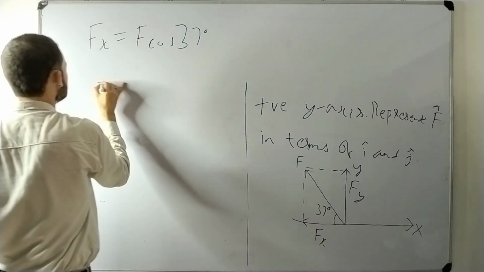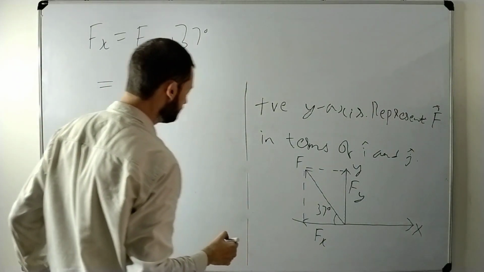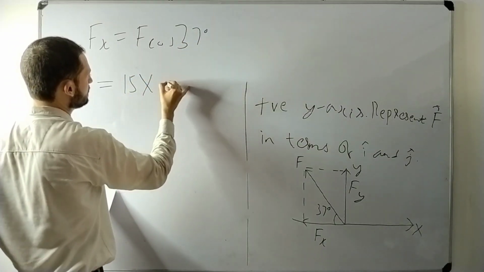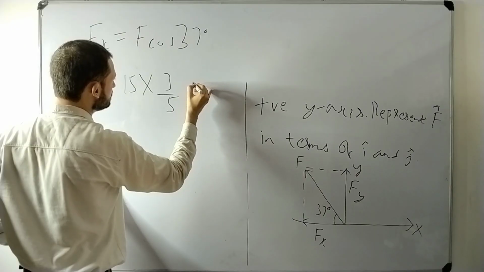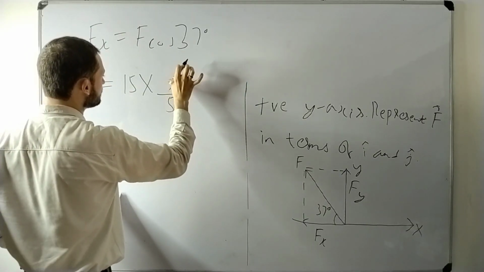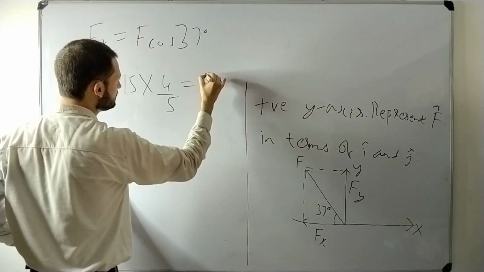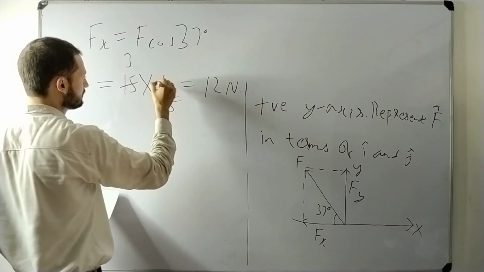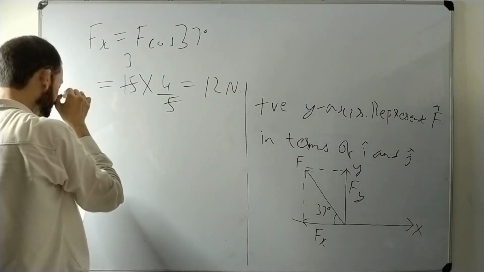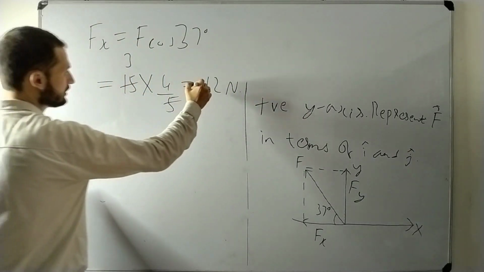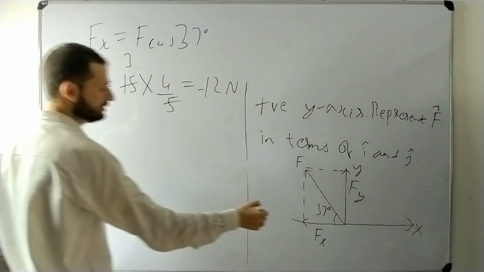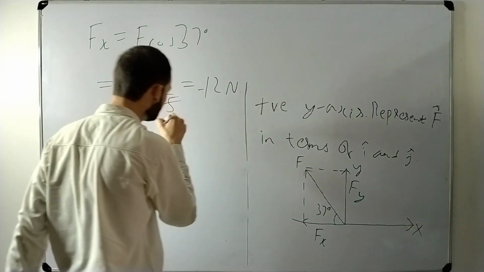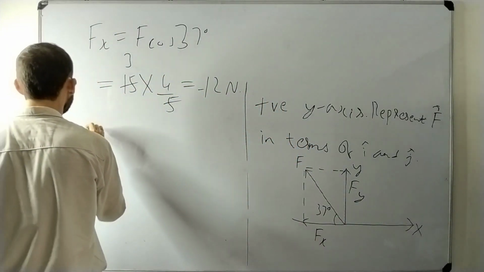F is 15 Newton, and cos 37 value is 4 by 5, and this becomes 12 Newton. It happens to be 12 Newton with negative sign. Why negative sign? Because it is in negative x-axis direction. So be careful with that.